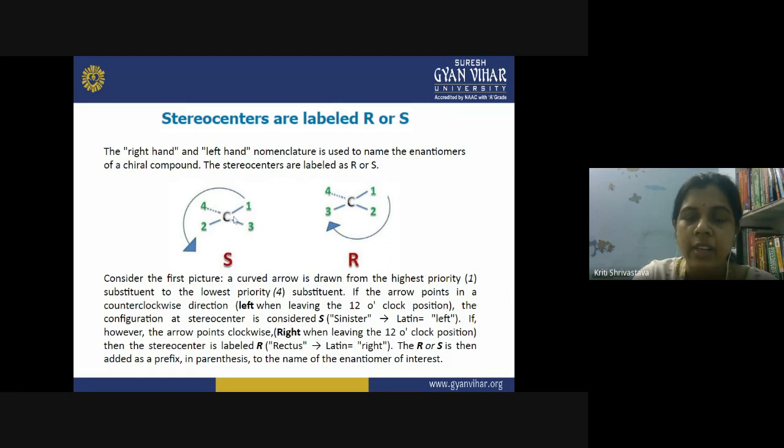Now you have taken all the four substituents of the chiral carbon atom, and you are considering their relative location in the 3D structure of the molecule.